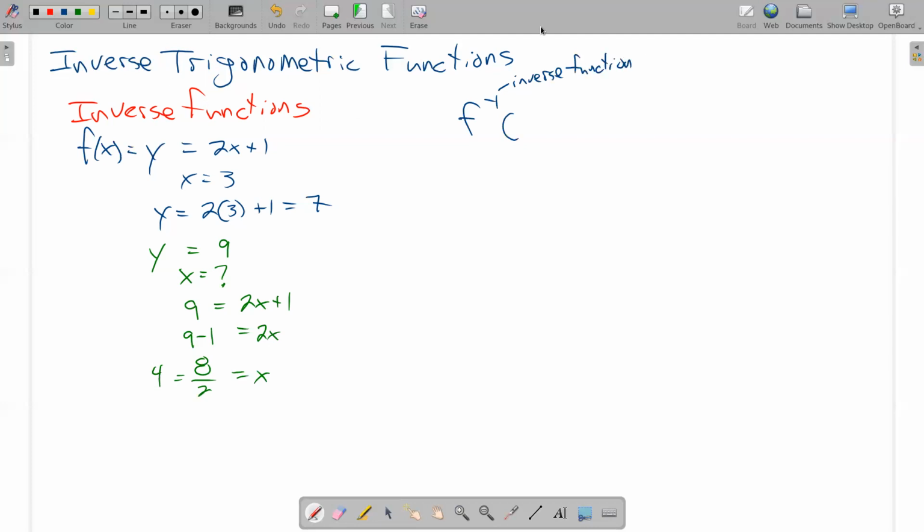And again, that is not the power -1. To calculate an inverse function, the procedure is to switch y with x and then solve for y.